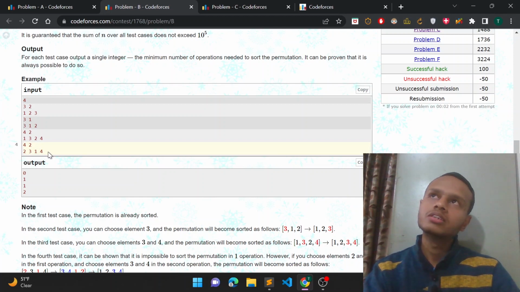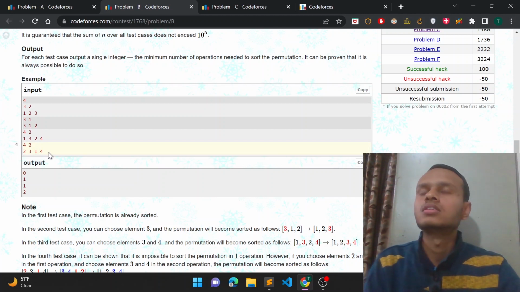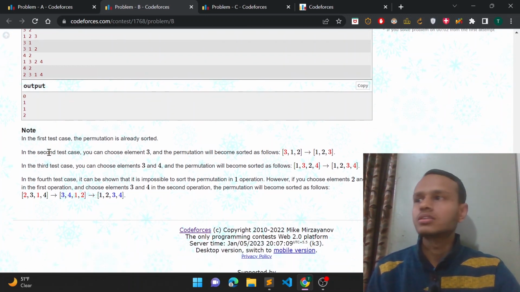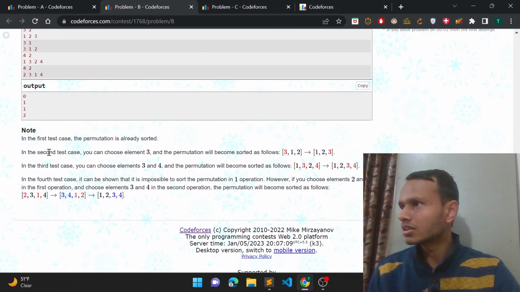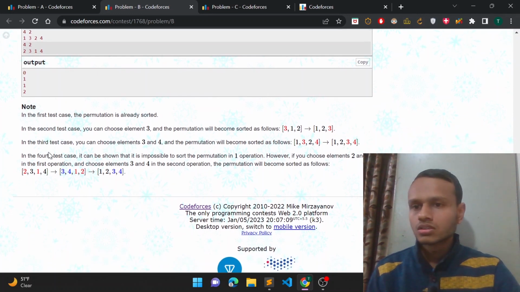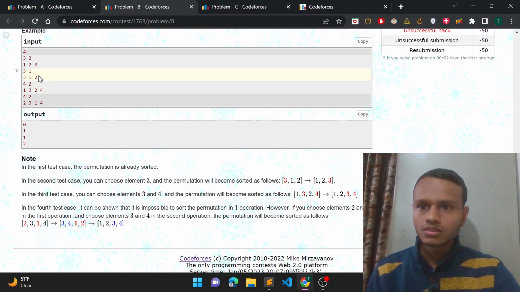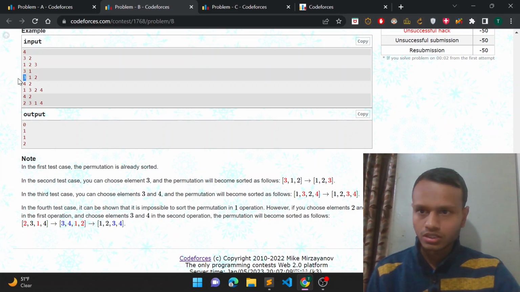So in each operation, I'll have to start from the second smallest element. 3 1, so 1 2, yeah, just pick 3 and add it at the end.